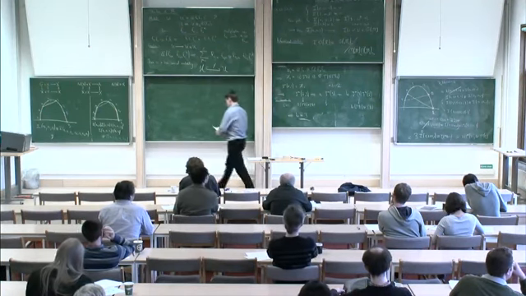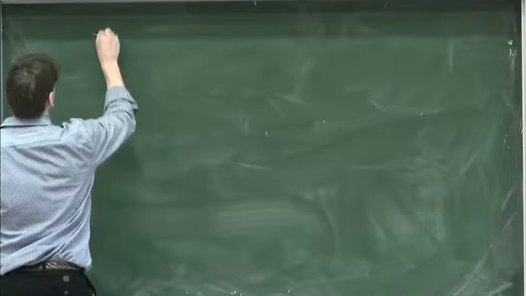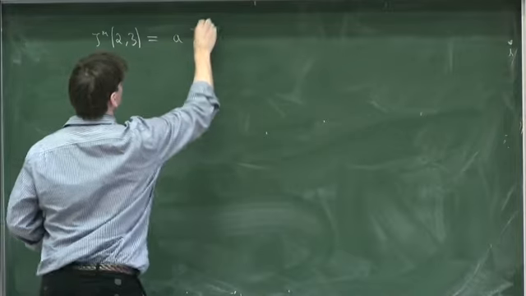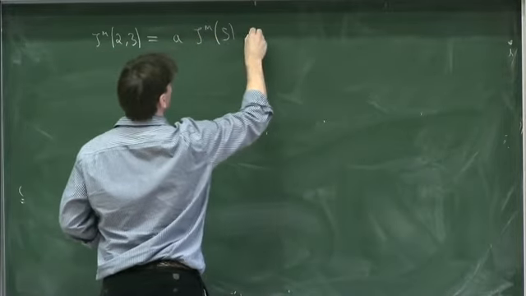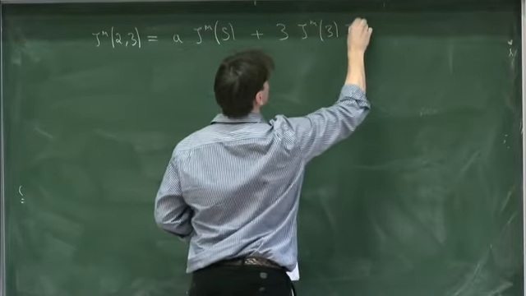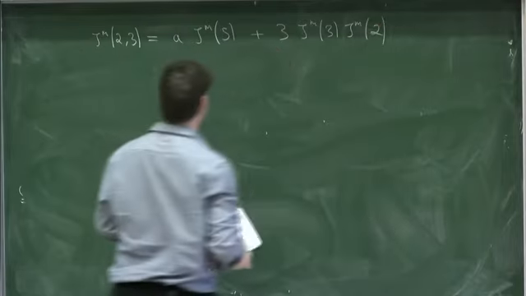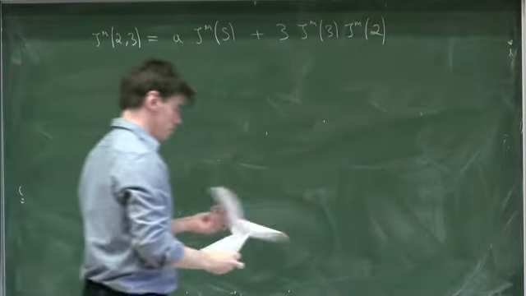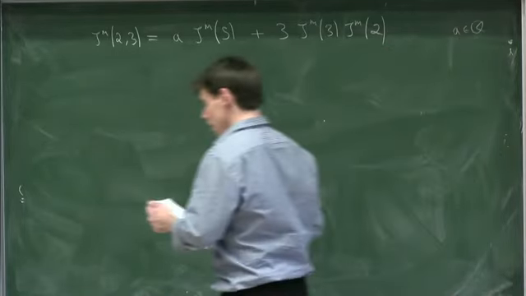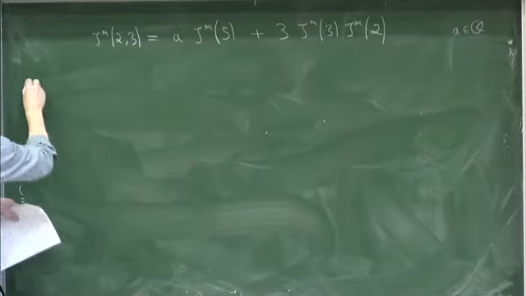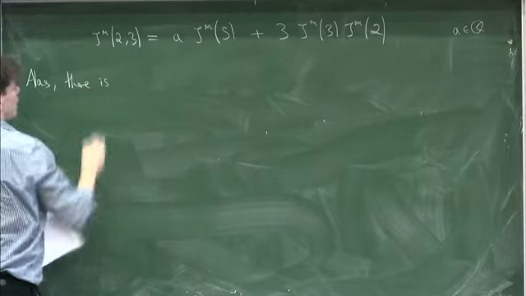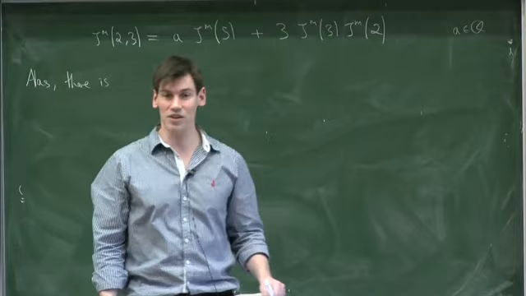So that means that zeta Motivic 2,3 equals some rational number A times zeta Motivic 5, plus 3 zeta Motivic 3 zeta Motivic 2, for some A in Q. And unfortunately, alas, what's A? A is some rational number. We don't know that.